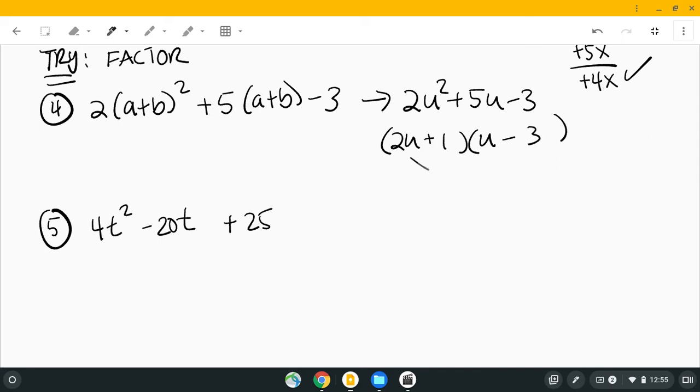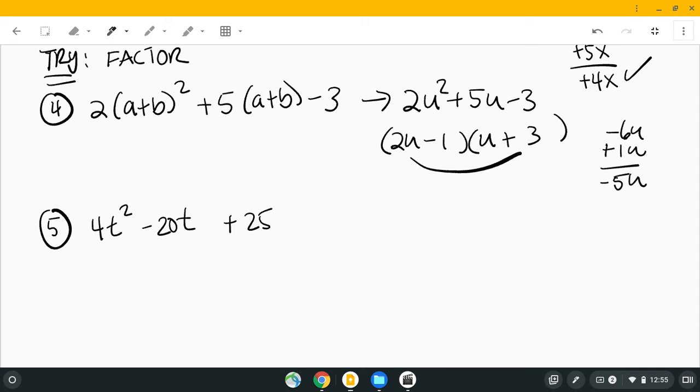When I check, I get negative 6u and positive 1u, giving me negative 5u. I don't want negative, I want positive. So that means I'm only off by the sign. So this one will be negative and this one will be positive. That will give me my positive 5u. So this is your answer.